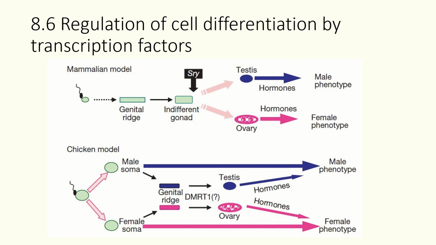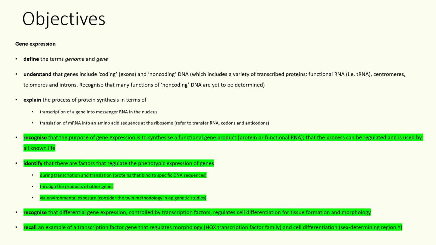And that's basically it. Now, I know that was a lot to take in, but remember, it all comes down to the objectives. So recognizing the purpose of gene expression is to synthesize a functional gene product, and this process can be regulated. Identifying factors that regulate phenotypic expression, 3 mentioned there, is transcription and translation.